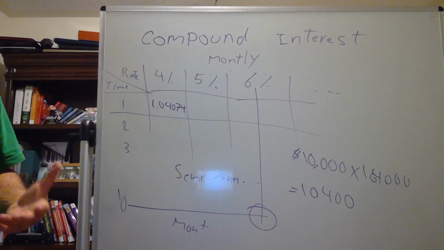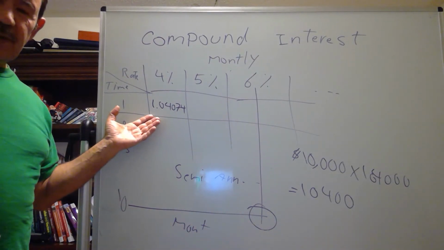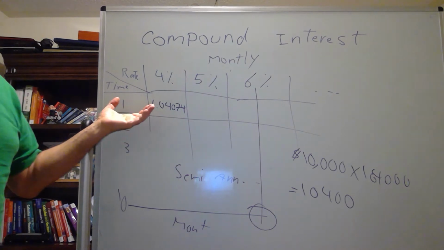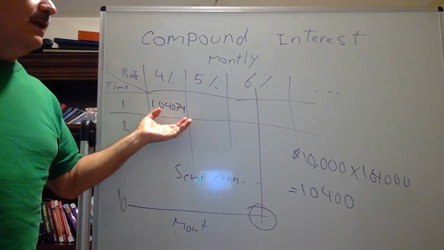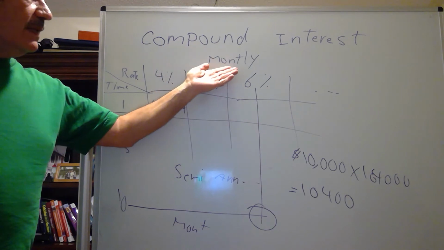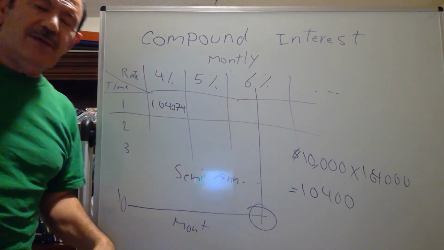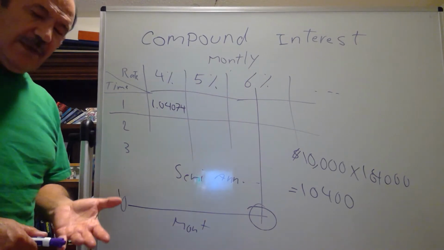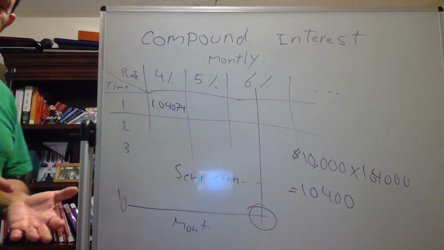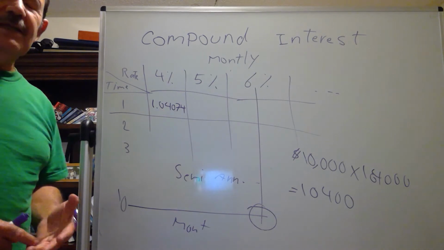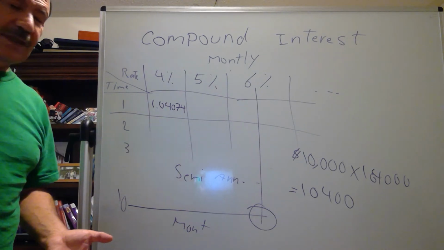So when we are using the table, always pay attention to whether the interest is calculated monthly, daily, annually, semi-annually, or quarterly. Semi-annually, as I told you, is twice per year. Quarterly means 4 times per year or every 3 months.